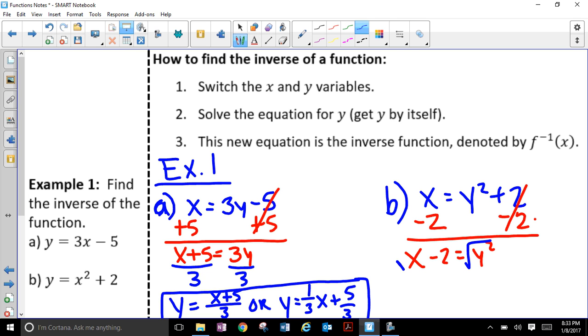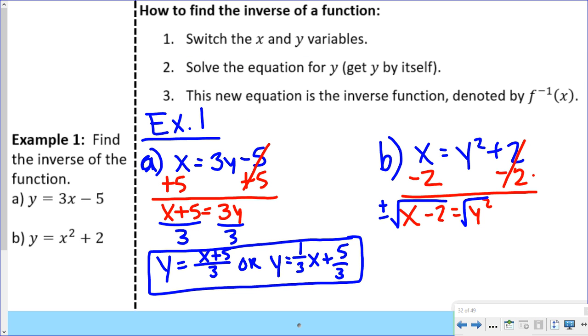Right, we've got to square root both sides. Okay, now remember when you square root both sides, you get a plus or minus. Okay, that was back from Algebra 1, and in Algebra 2a you did that as well. All right, so then I'm going to rewrite this. So this is going to be y equals plus minus radical x minus 2.